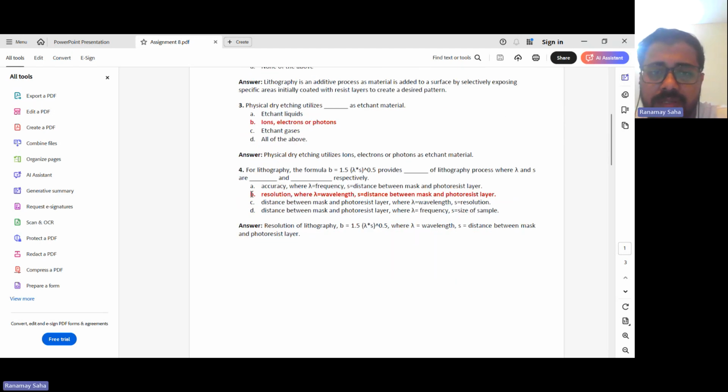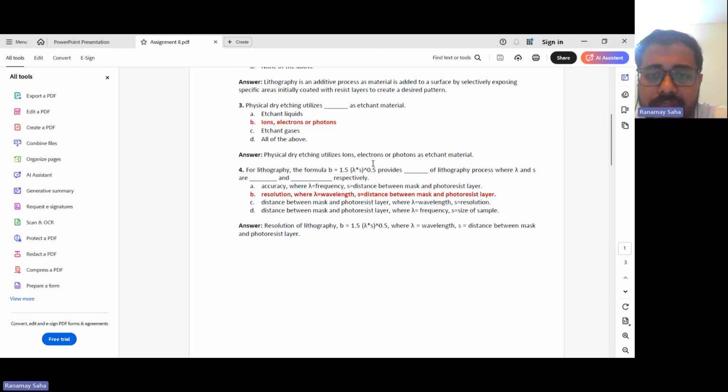Then there was a simple question about the lithography process. If you clearly know the process of lithography, you might know that the resolution actually depends upon the wavelength of light and the distance between the substrate and the hard mask, right? Here lambda stands for the wavelength and S stands for the distance between the substrate and the hard mask.